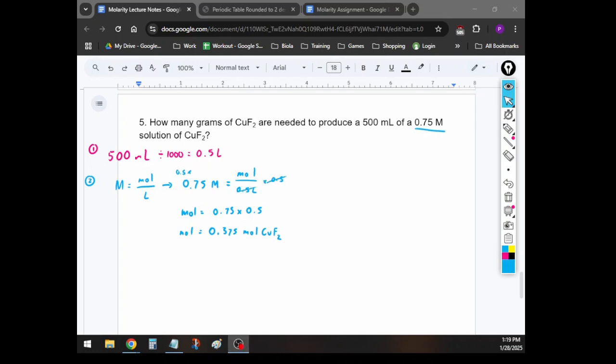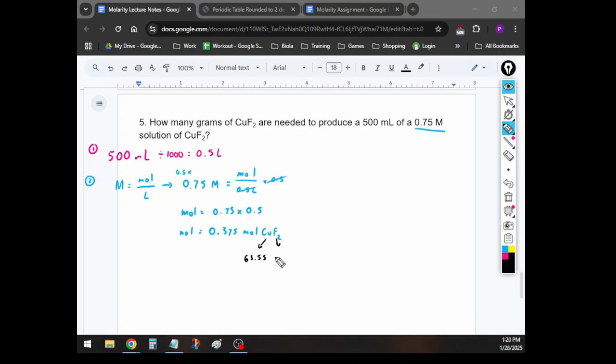All right, so for step 3, what we have to do is take the moles of CuF2 and turn it into grams. Now to do that, we need the molar mass, so you're going to look at the periodic table. I'm not going to pull up the periodic table here, but you can double check me if you want. Cu is 63.55.